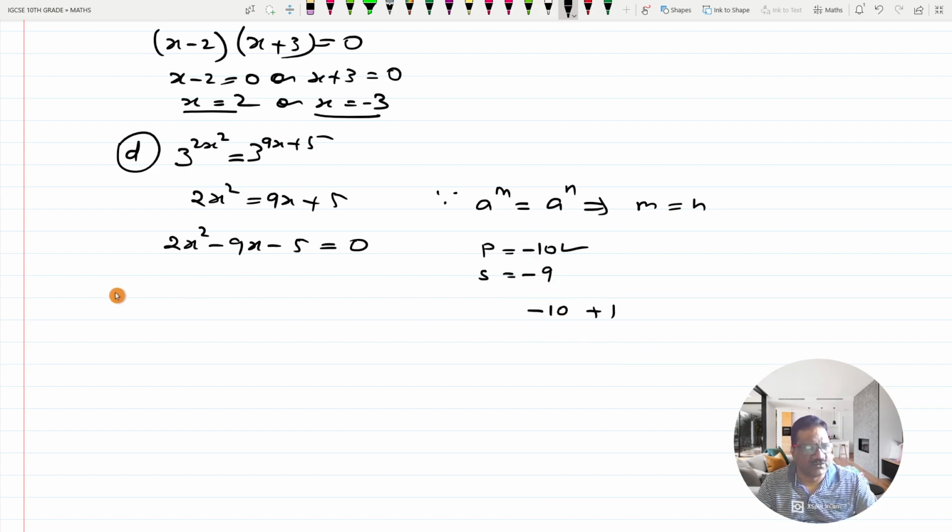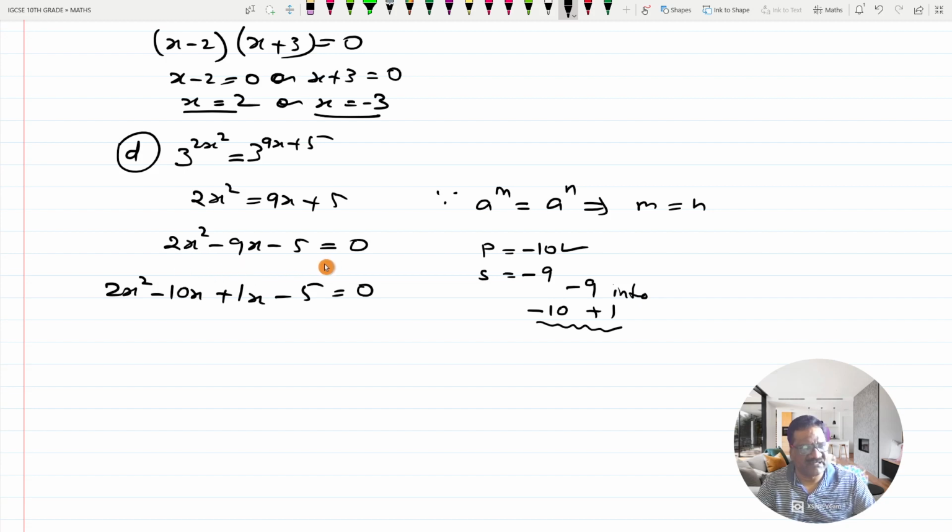So 2x square minus 10x plus 1x. I've split this minus 9 into minus 10 and plus 1. This is how you solve quadratic equations. And then this is minus 5 equal to 0.